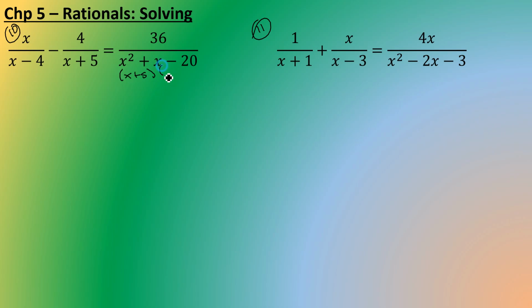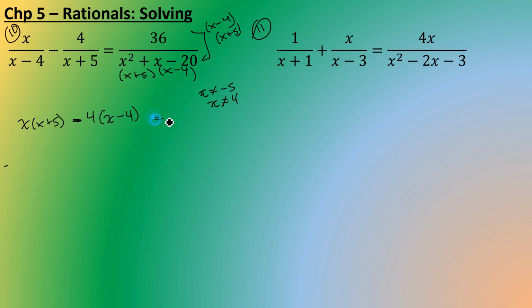We have x plus 5, x minus 4 right here. And I'm going to note x is not negative 5, x is not 4. I'm going to multiply both sides of this equation by x minus 4, x plus 5. So I get x times x plus 5 minus, I'm going to have to be very careful of that minus, x minus 4 equal 36.